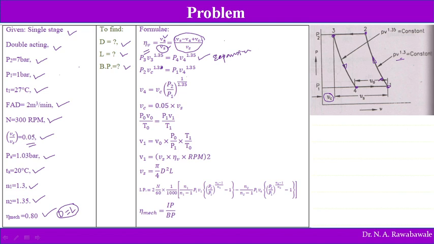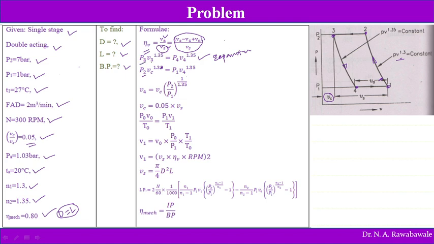The pressure at point 3 and the pressure at point 2 are the same.